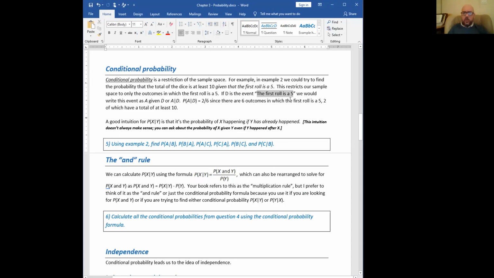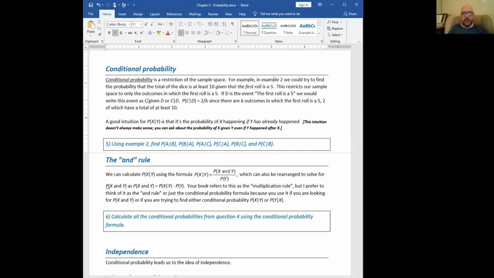We know that roll 1 is a 5, and then we want to know the probability that the total of the dice is at least 10. Oh, I'm sorry, there appears to be a typo in the notes. That should be probability of C given D, because event C was that the total is at least 10. I apologize. Let's go ahead and fix that.